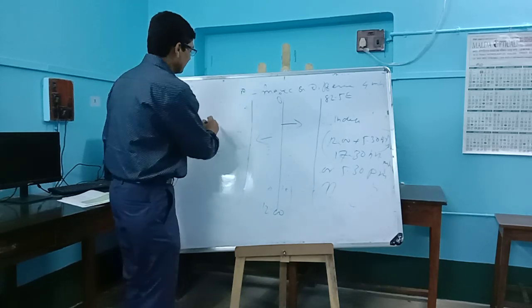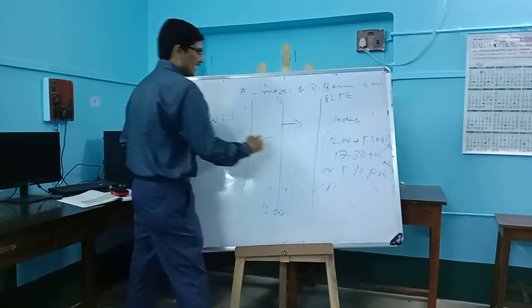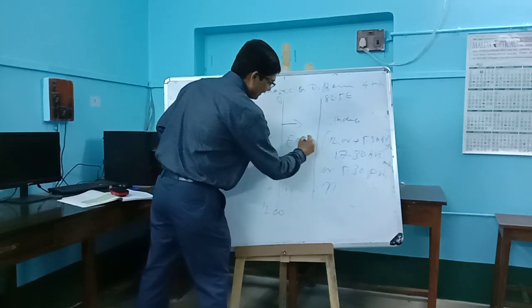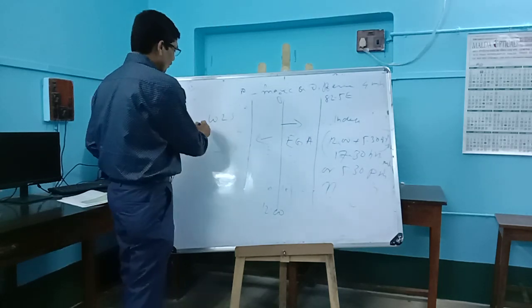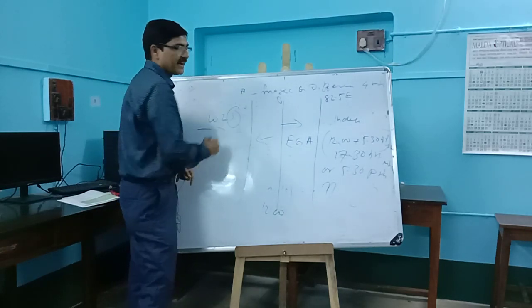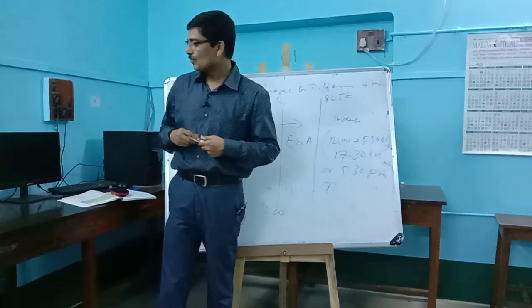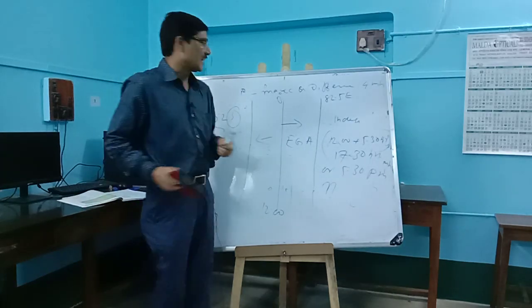So here WLS, here EGA: east gain added, west loss subtract. This is how we will calculate the time.